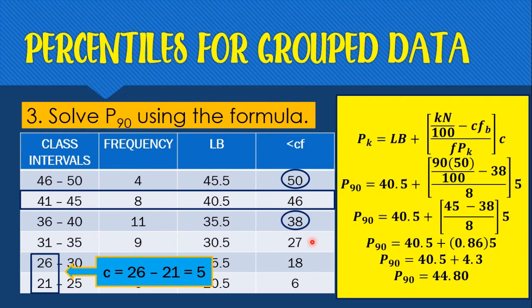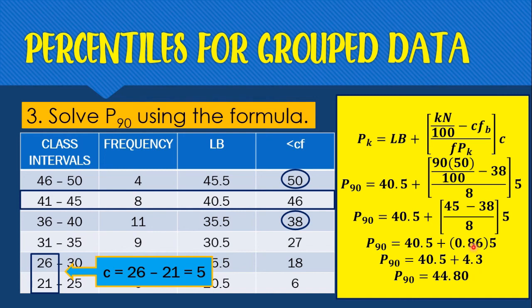So we substitute the values, but instead of having Q sub k or D sub k, we'll have P sub k for the percentiles. So we have P sub 90 is equal to our lower boundary, 40.5, plus the quantity of our k, which is 90 times our N, 50, over 100, which is equal to 45, minus 38, divided by 8, which is equal to 0.86.